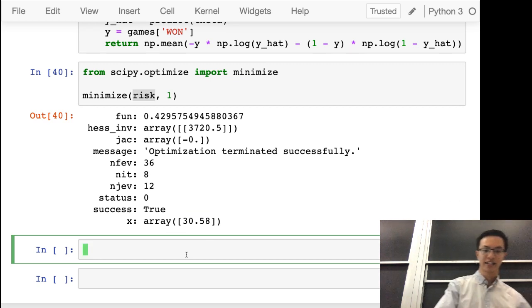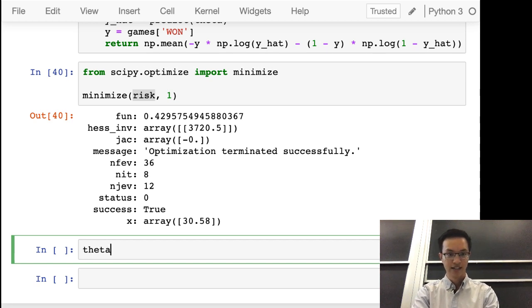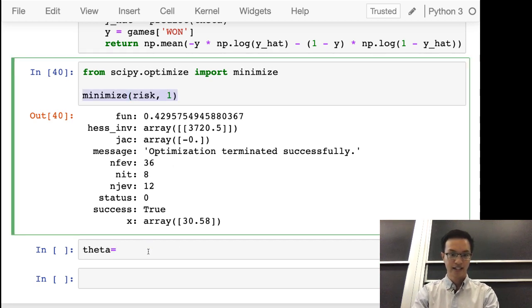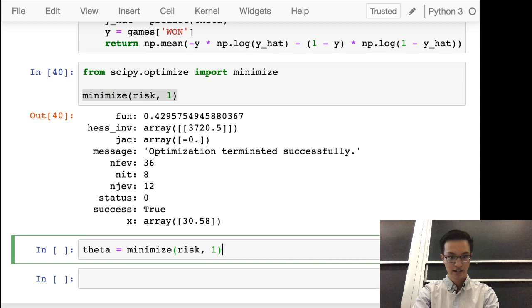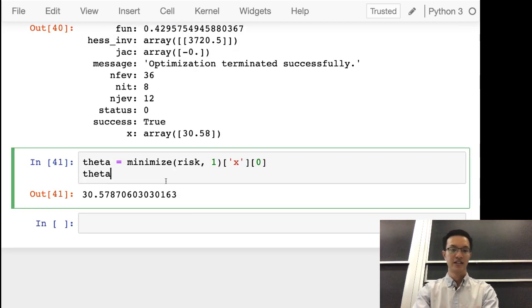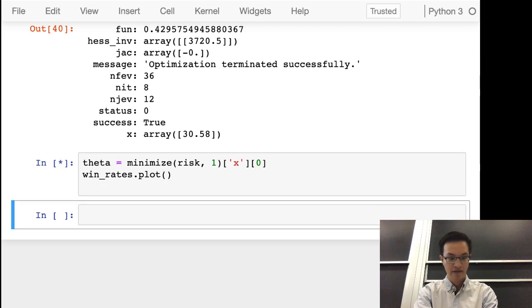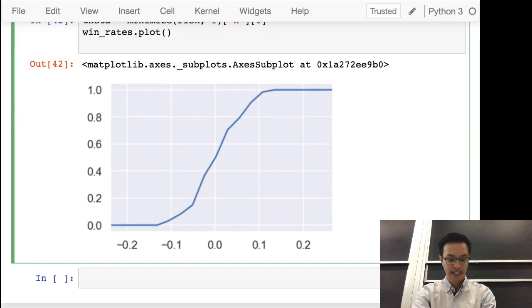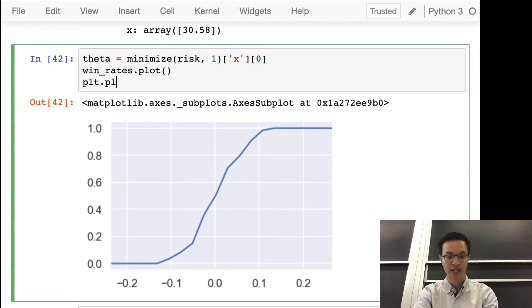And to show you this plot again, I can take this and take out the x attributes and take out the number here, and this is the number 30, 30.558 roughly. I can take our win rates, plot them, and I can also take our model's predictions and plot them as well.